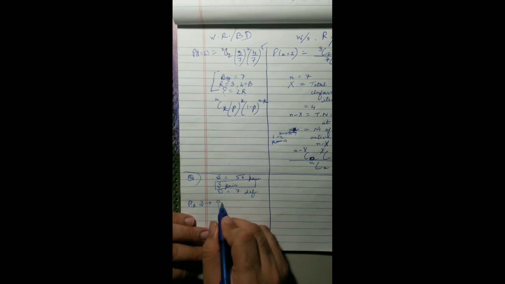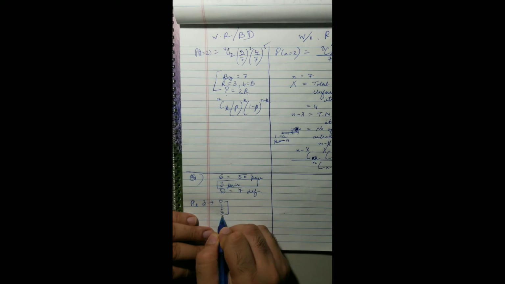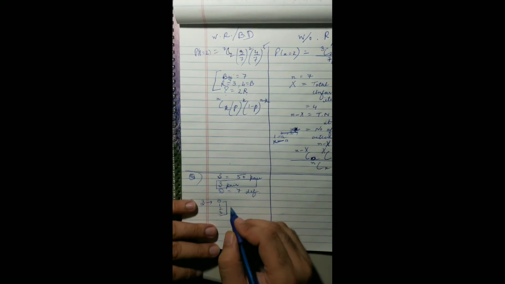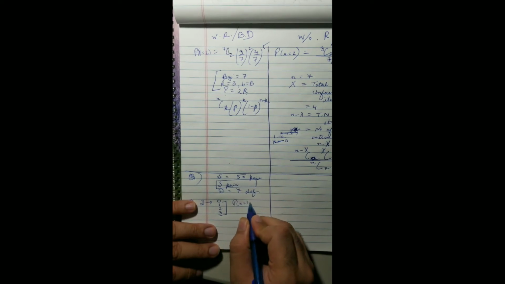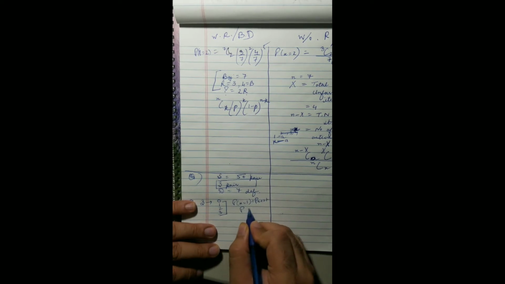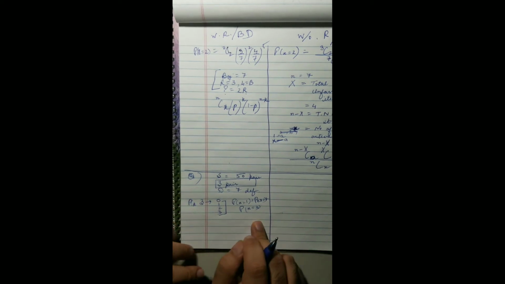They are asking the probability of the part where he gets either of the pair as defective, which means what they're asking is px1 plus px2 plus px3, right? This is what they're asking.